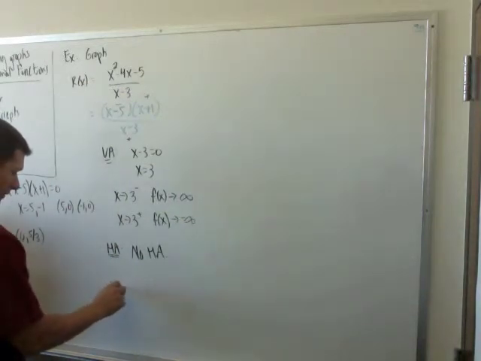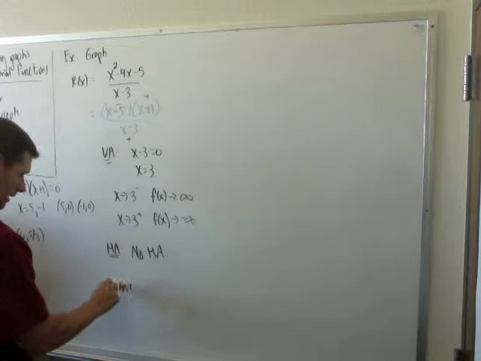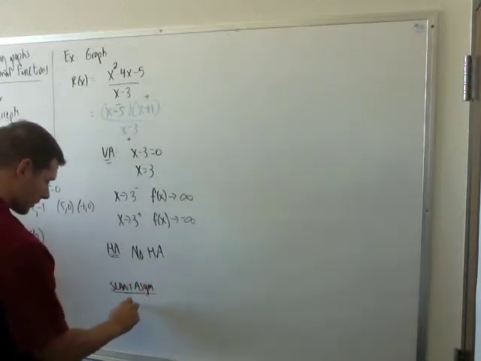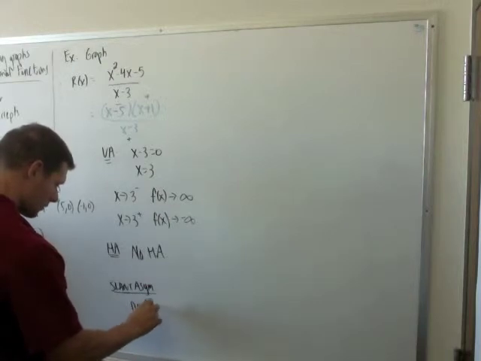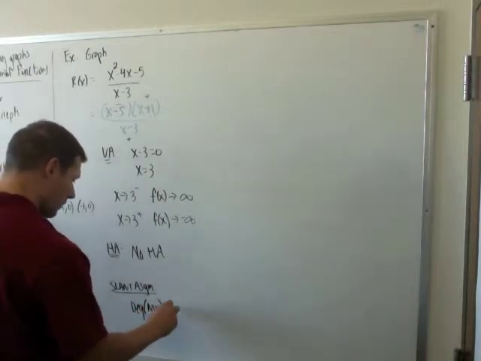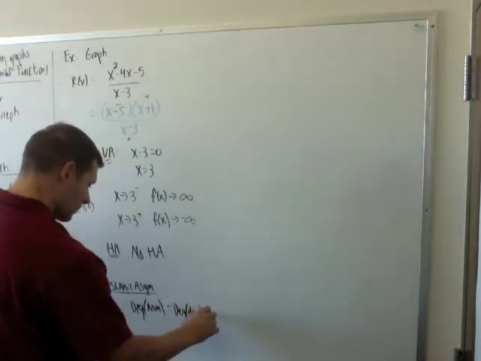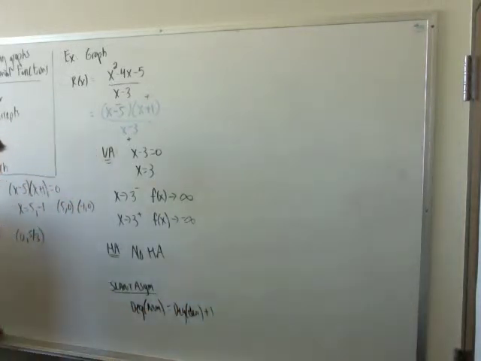So it will have a slant asymptote. That's when the degree of the numerator is 1 more than the degree of the denominator. So what do I do in those situations?